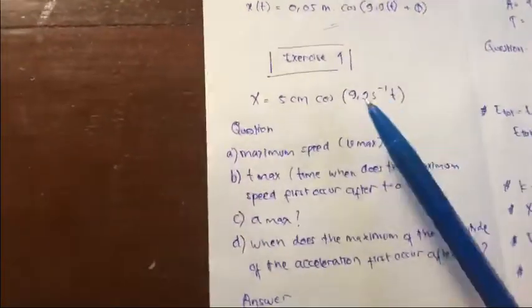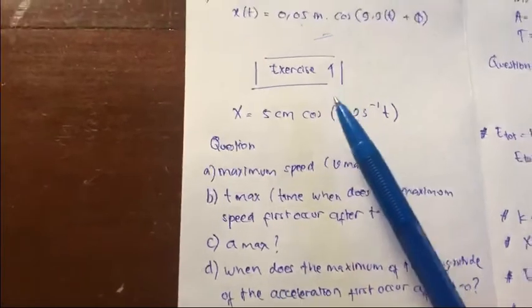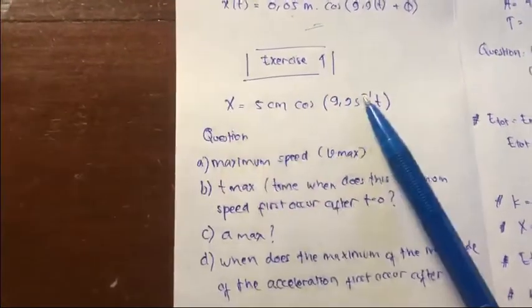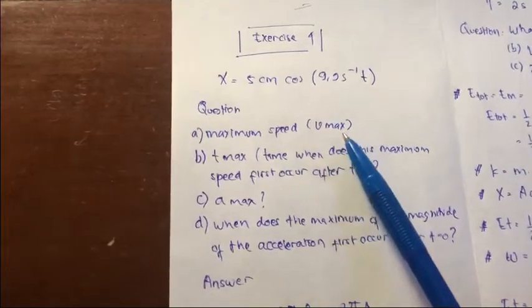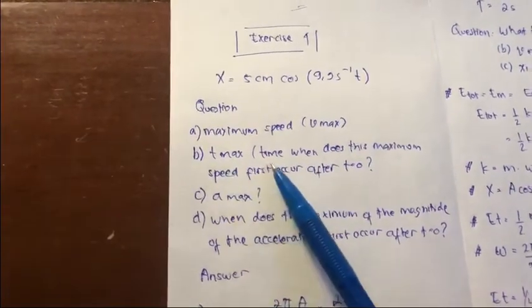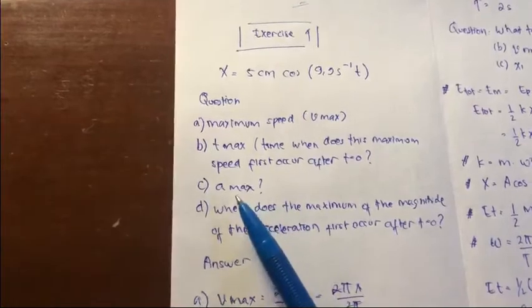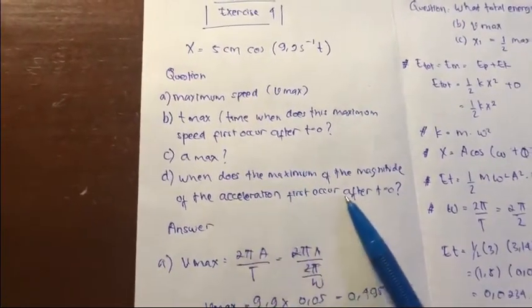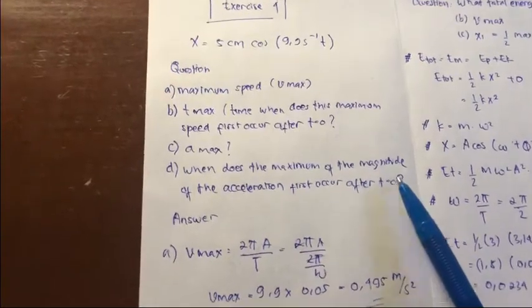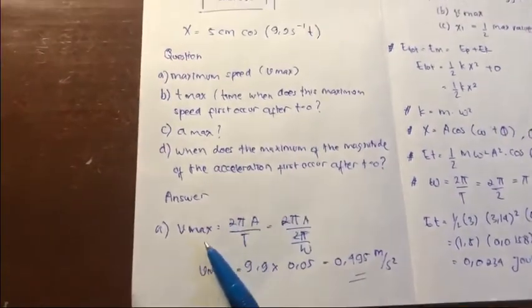And the fourth exercise, we got this equation. The question is the maximum speed Vmax, then the maximum force and Amax, and when does the maximum magnitude of the acceleration first occur after t equals 0. The answer to A is Vmax.